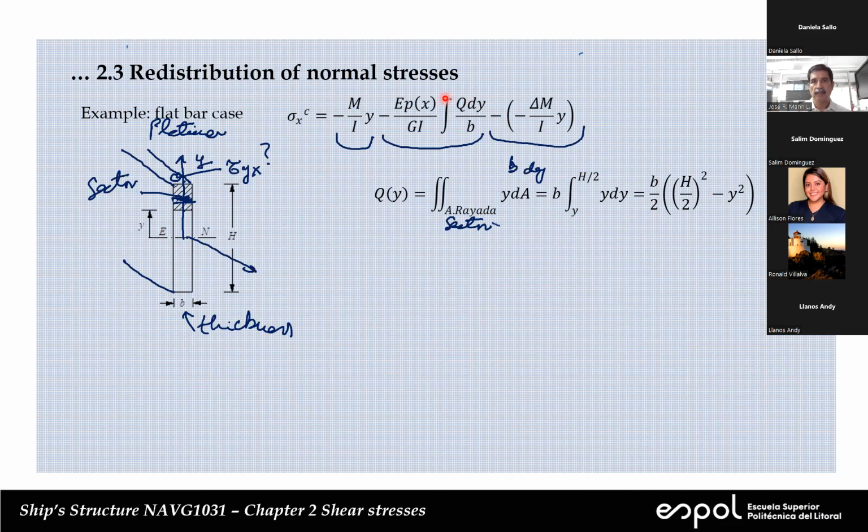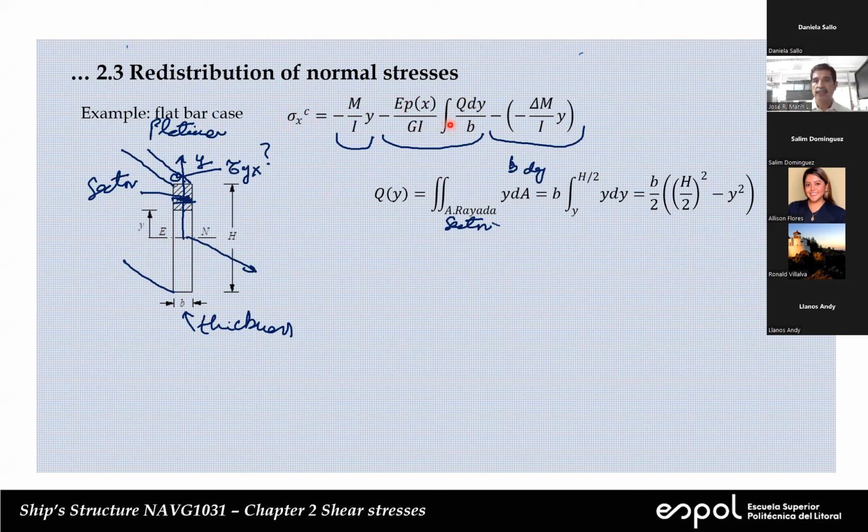This integration goes from the reference point, which we take at the neutral axis, and we integrate until a certain point here, and this point will give you the normal stress at that point.